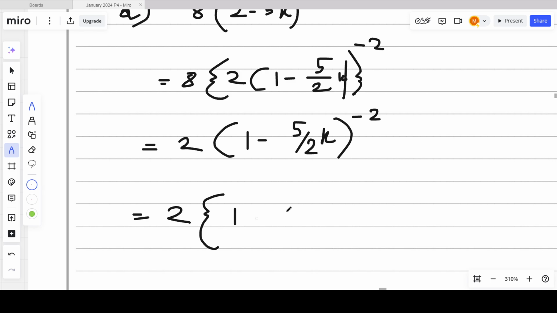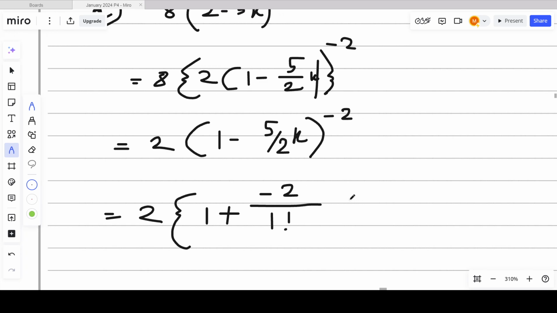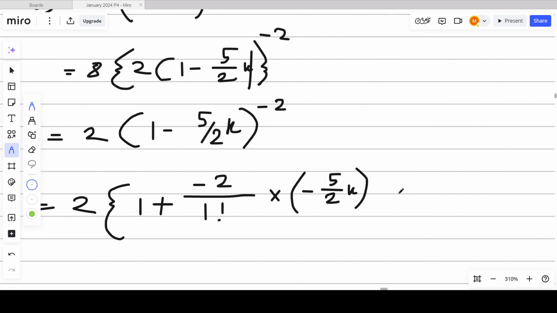Then the second term would be plus -2 on the numerator, with 1 factorial in the denominator, times -5 over 2 x. And its power would be 1, because on the denominator the factorial is 1.